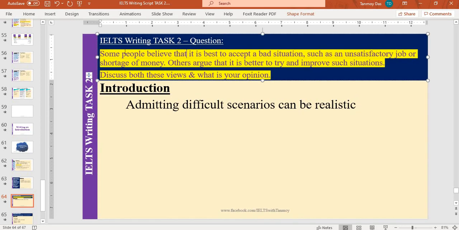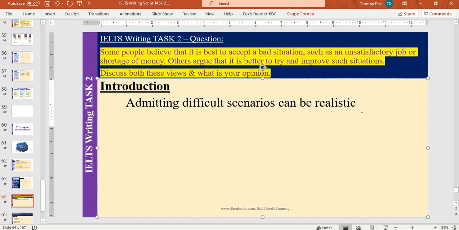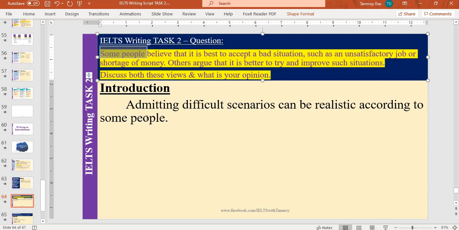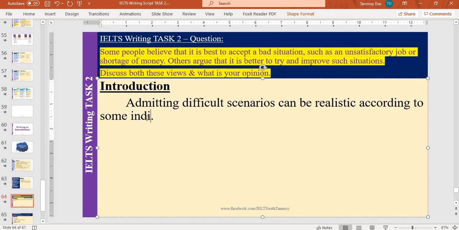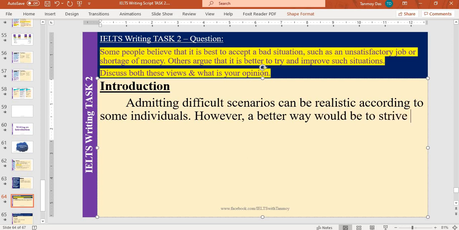Some people believe that. According to some people. I'm not liking this one because some people is already there. So I would say individual. However, a better way can be, I already wrote that can be, so a better way would be to strive for an improvement.